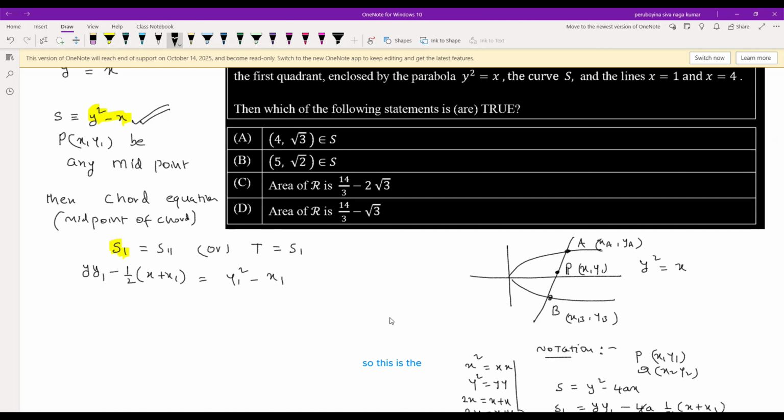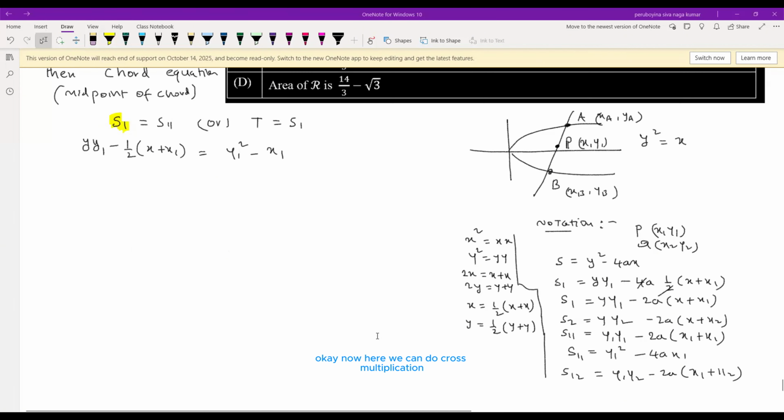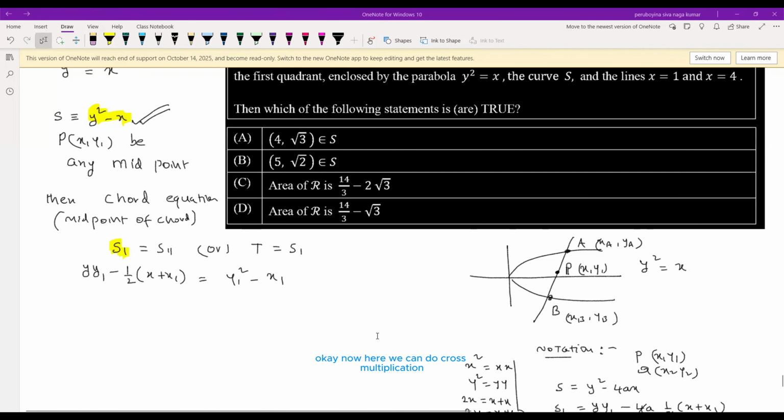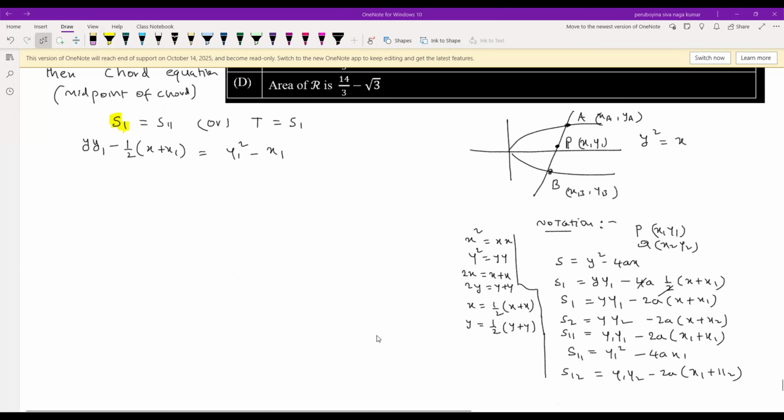So this is the equation of a chord whose midpoint is (x1, y1). Do cross multiplication. The LCM part was 2 here: 2 into y y1 minus x minus x1 equal to y1 square minus x1.